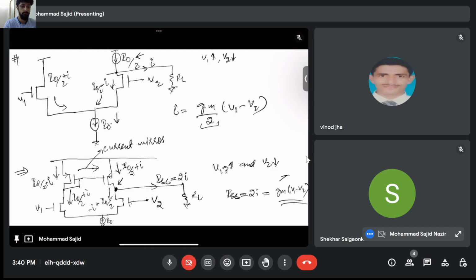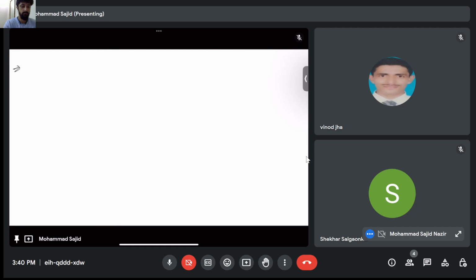And now we will further see, okay, how you can represent it. It is simple. You have this short circuit current of Gm times V1 minus V2. So now we need to see what is this R right here. What is this R?